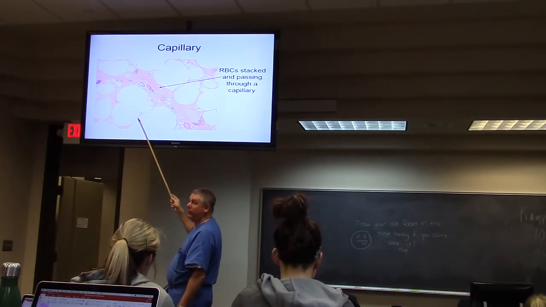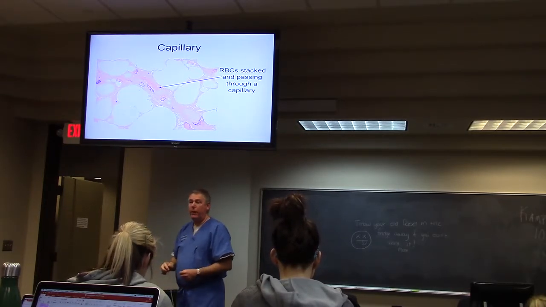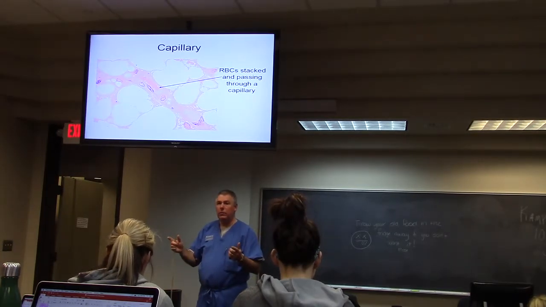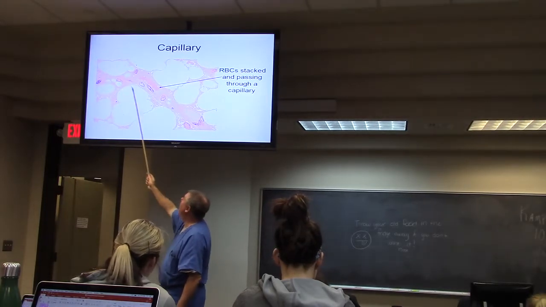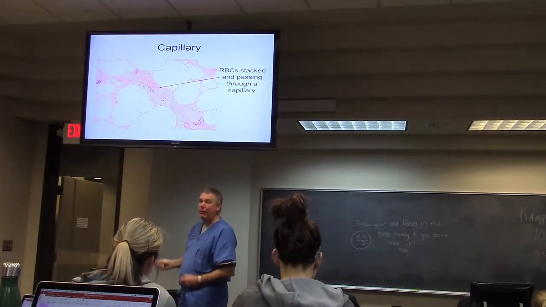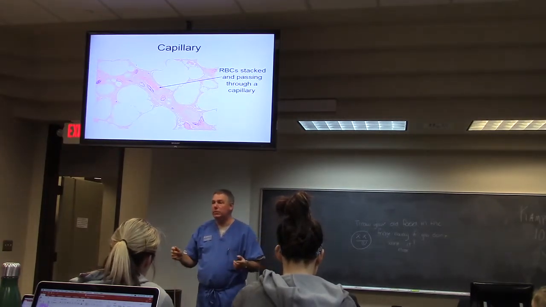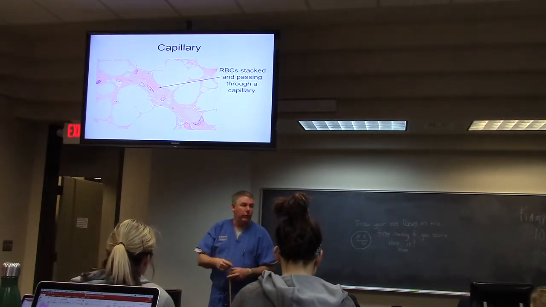So this is made up of the 2 membranes of a type 1 lung cell. Type 2, these are the cells that are found in the junctions of the alveoli. The type 2 cells are the ones that produce the surfactant for the lungs.